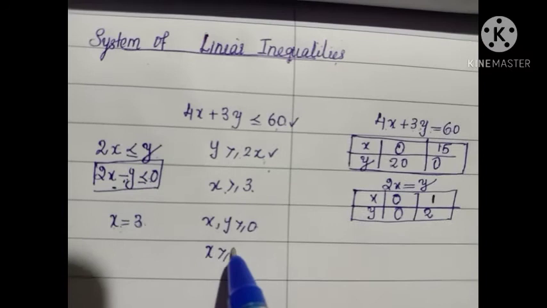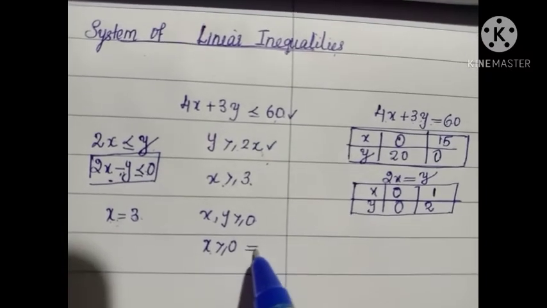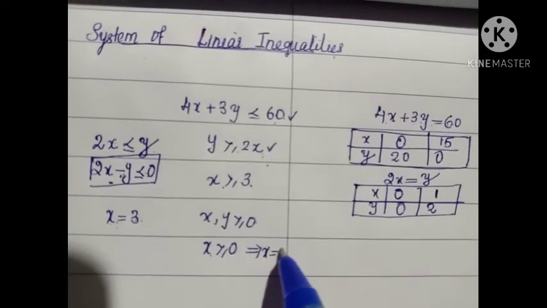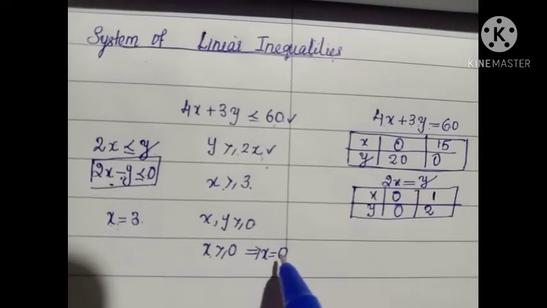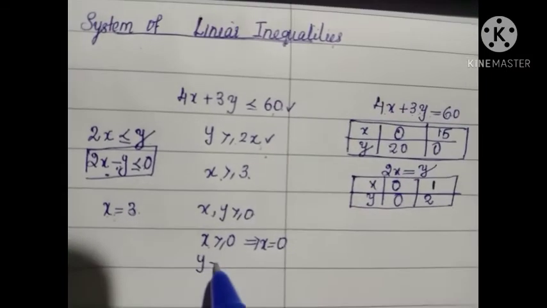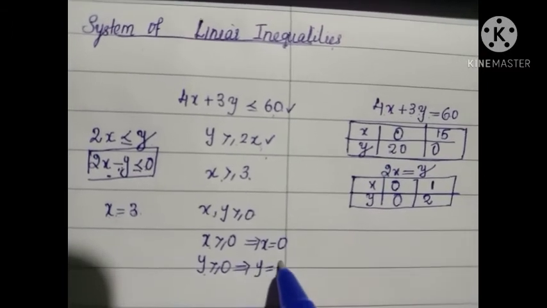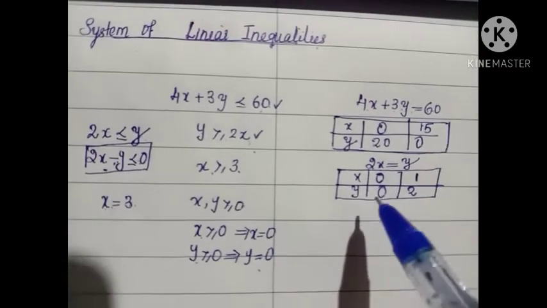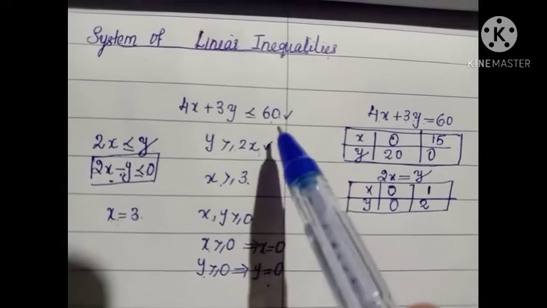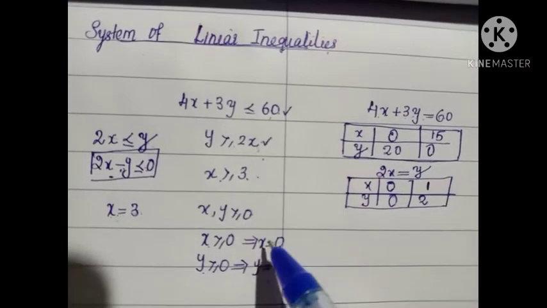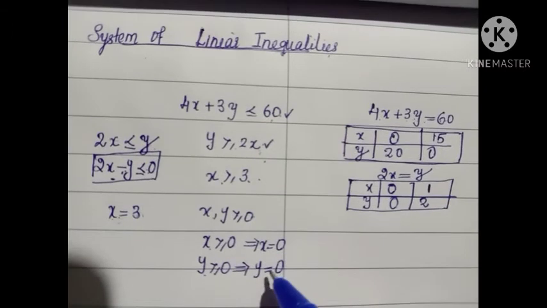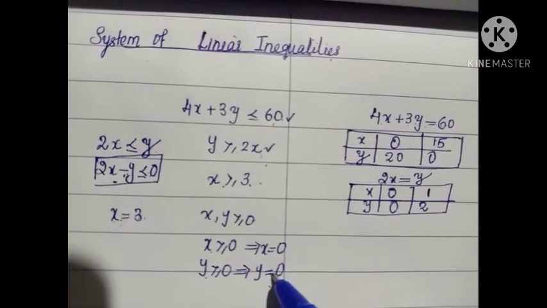I already told x greater than or equal to 0, that is x equal to 0 represents the y-axis, and in the case of y greater than or equal to 0, this represents the x-axis. So in the same graph, we have three lines and the positive x-axis and positive y-axis.